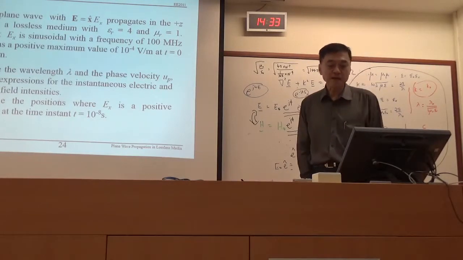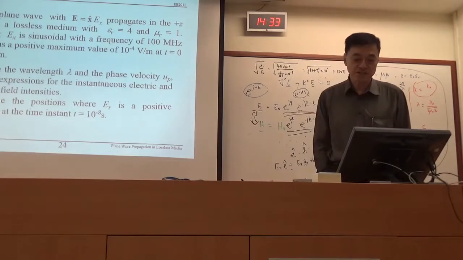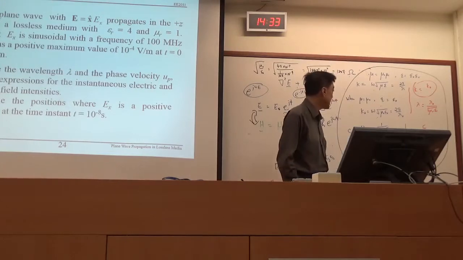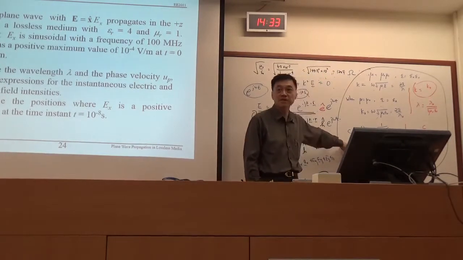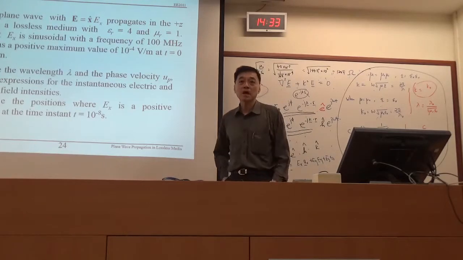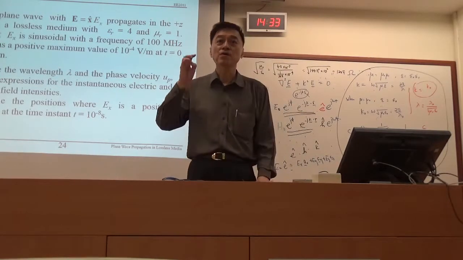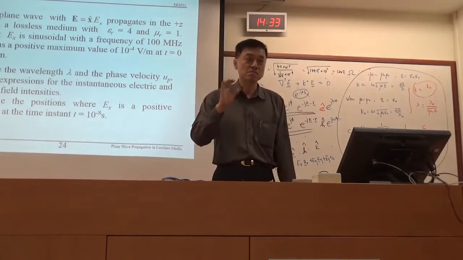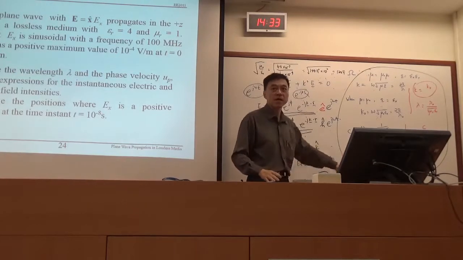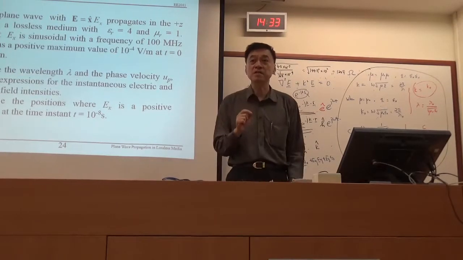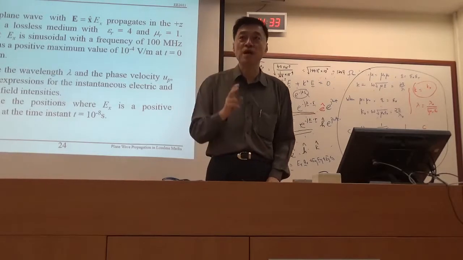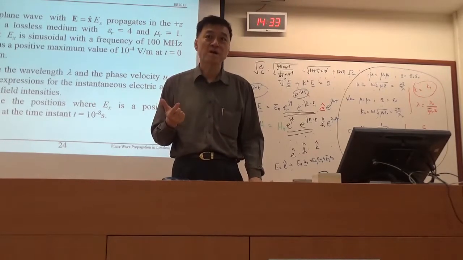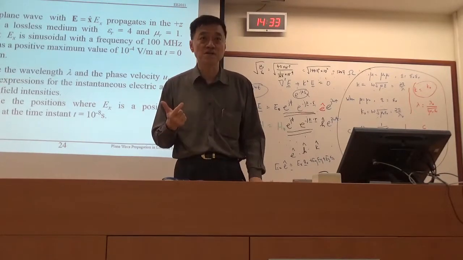Calculate the wavelength lambda and the phase velocity up. Now, phase velocity up is actually this velocity. In second year, your velocity of propagation and phase velocity refer to V. You will not learn a different velocity, because a wave propagates with two kinds of velocity: one is called phase velocity, one is called group velocity.